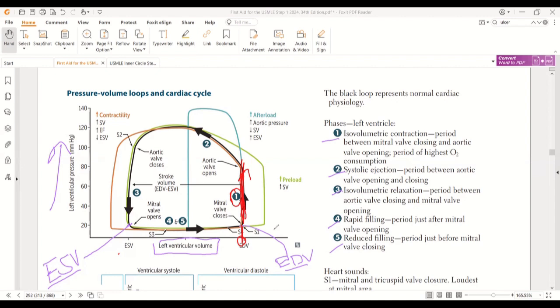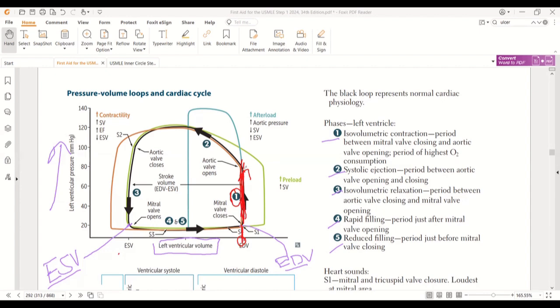These curves, graphs, pressure volume loops, pictures, and murmurs are high yield in USMLE. So pressure is increased but volume remains the same. At the beginning of this phase, the mitral valve closed. We have a shortage of time.